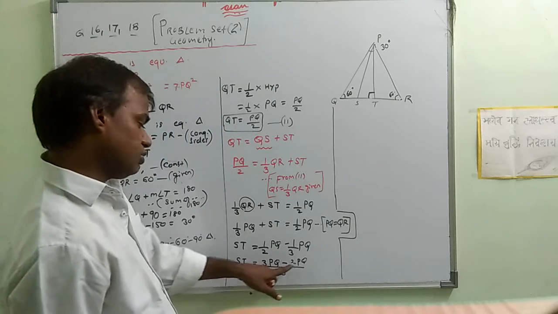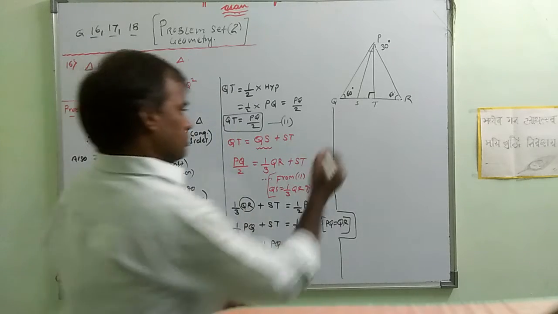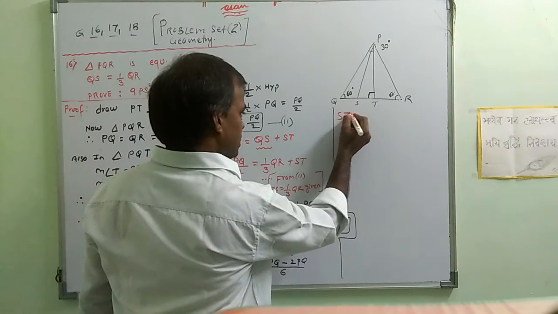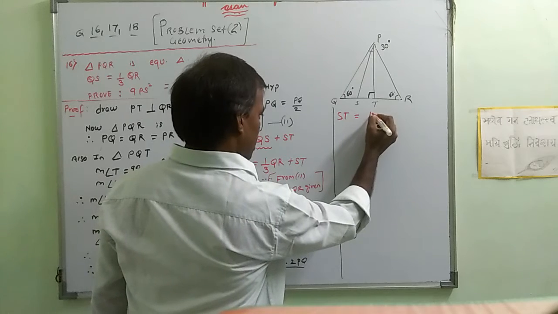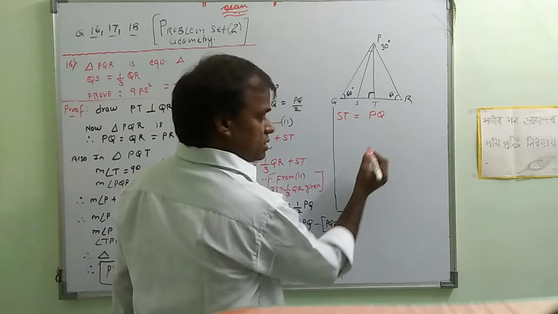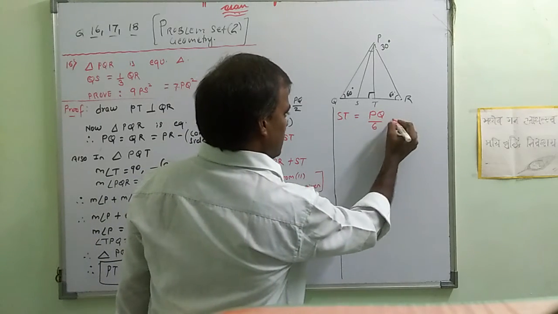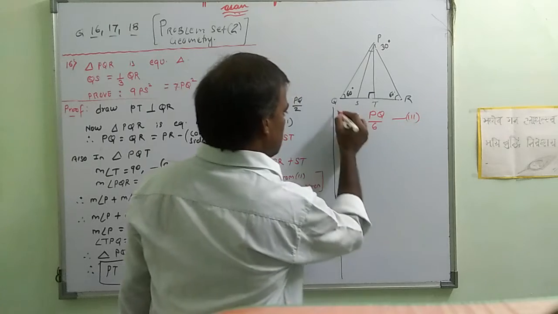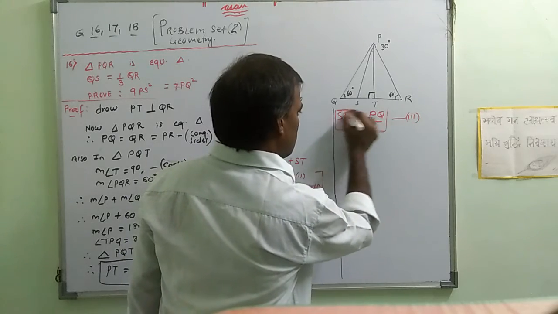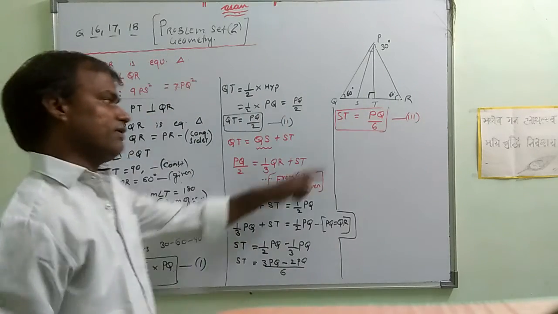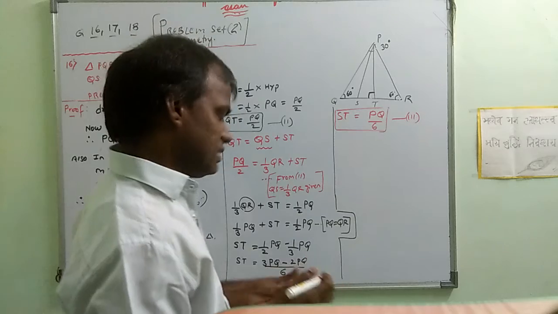So 3 PQ minus 2 PQ becomes 1 PQ. So we will get ST equals 1 PQ, 1 PQ means just PQ, upon 6. This is equation 3. So we got a new value of ST, PQ upon 6.